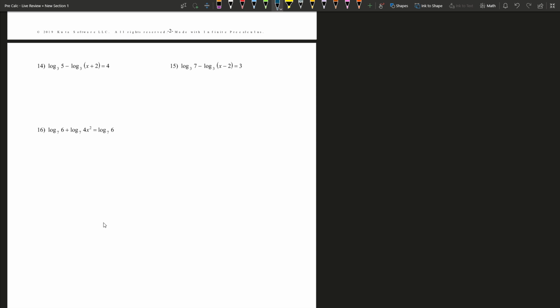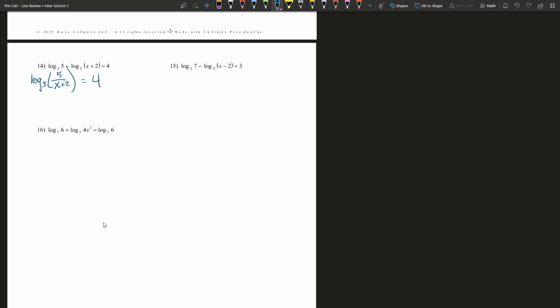So if we condense the left-hand side, we get log base 3 of 5 divided by x plus 2, because of the difference. So there's a difference of 2 logs with the same base, so we take the quotient of the 2 things inside the logs. And that's still equal to 4.